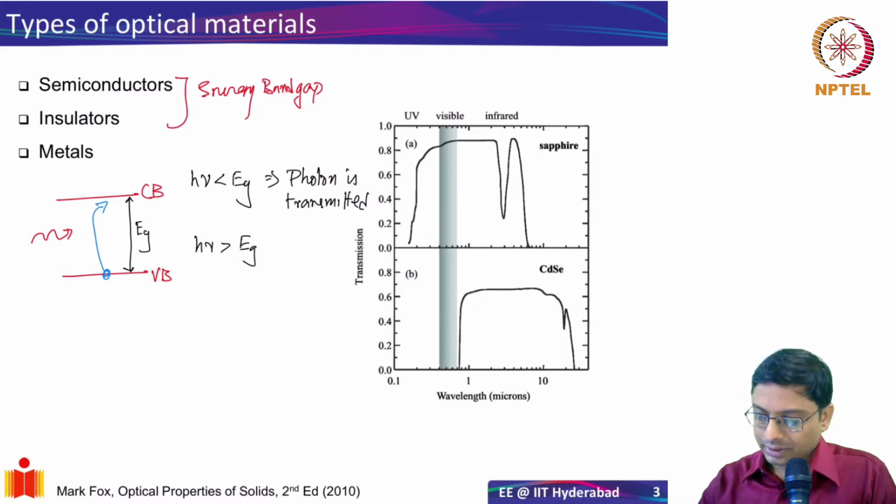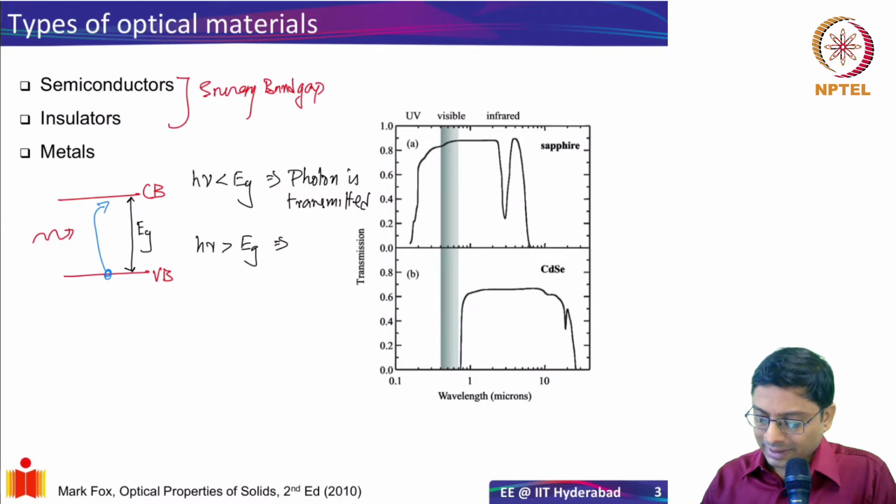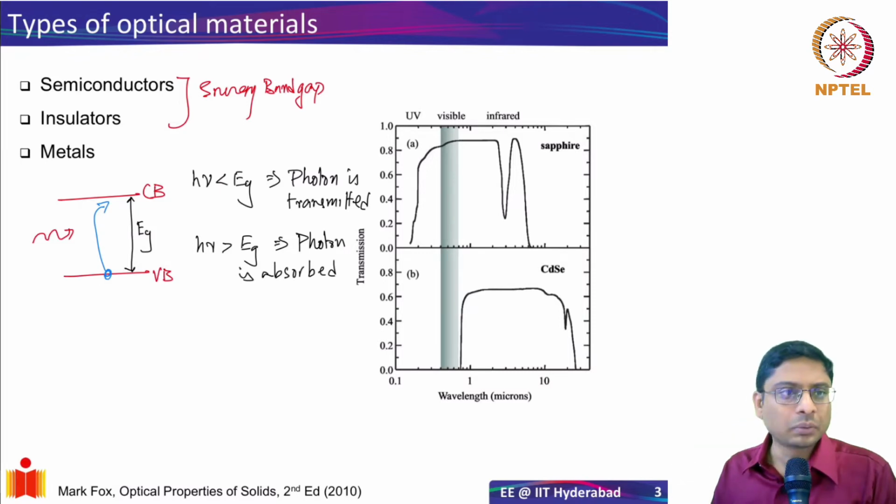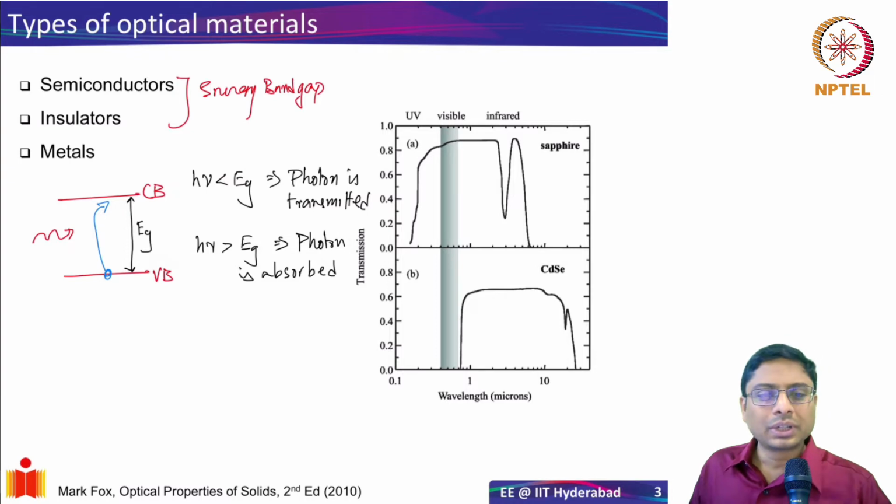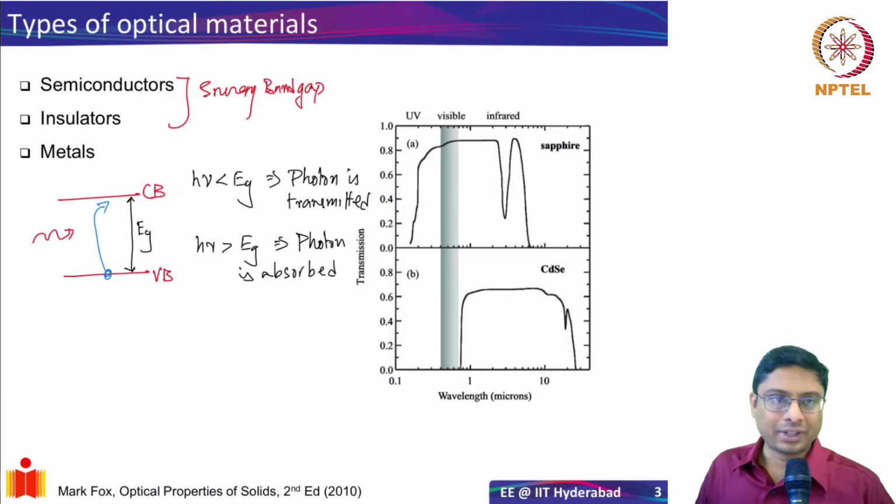Right. So in the case of a semiconductor with a band gap of Eg, if a photon has energy higher than the band gap, then the photon is absorbed. Okay, so this is exactly what happens, and you can look at the band edge, the threshold above which the photon will be absorbed. You can think of it in terms of energy, in terms of Eg, or in terms of wavelength.